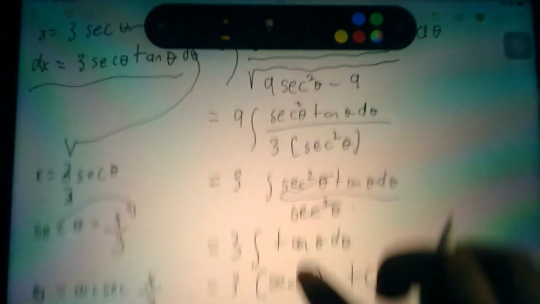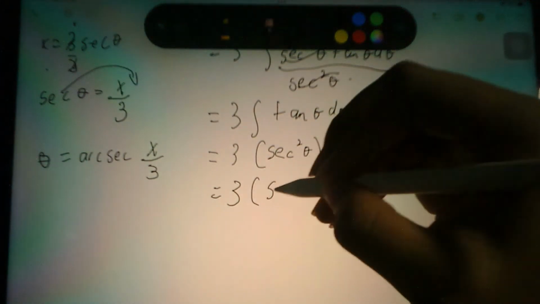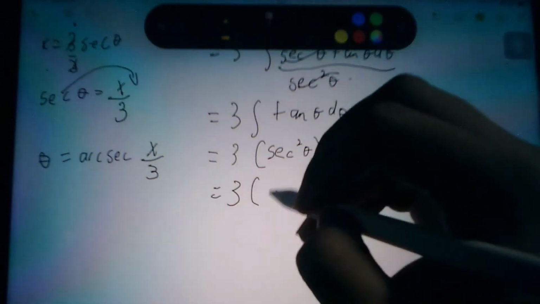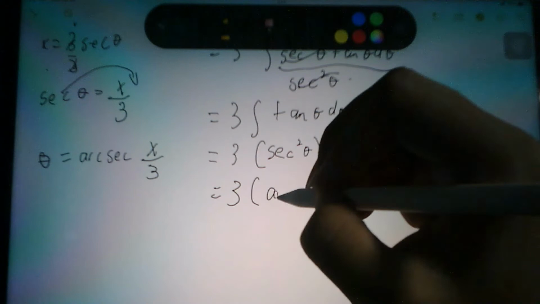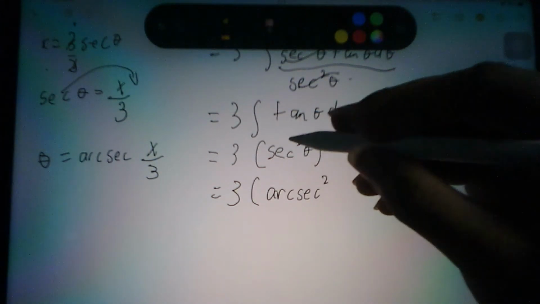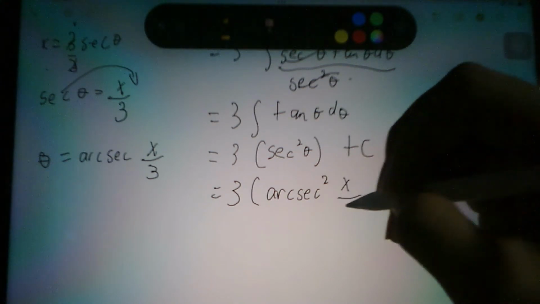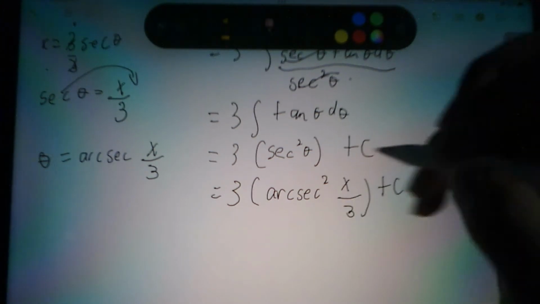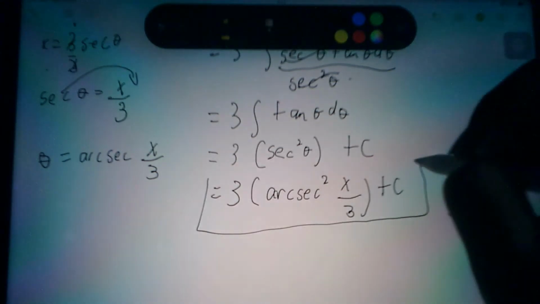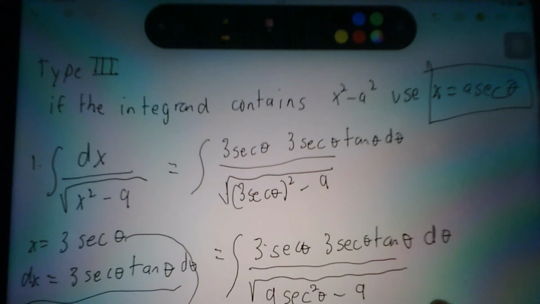By finalizing, our answer will become arc secant squared of x over 3 plus c. So this is our answer for our problem number 1 under type 3.